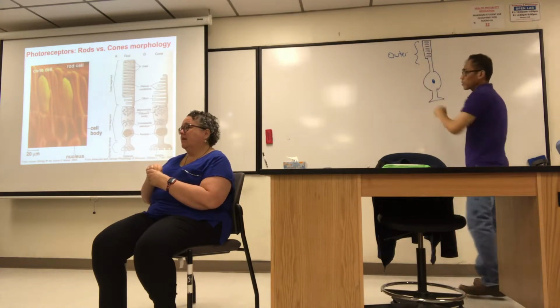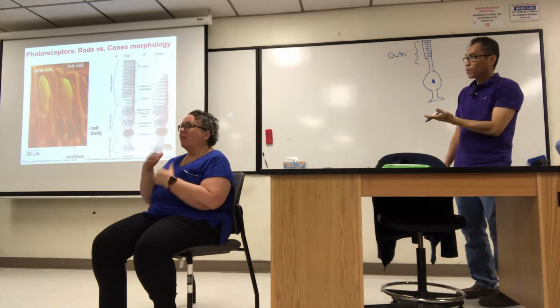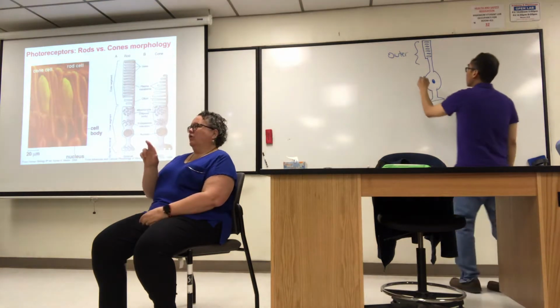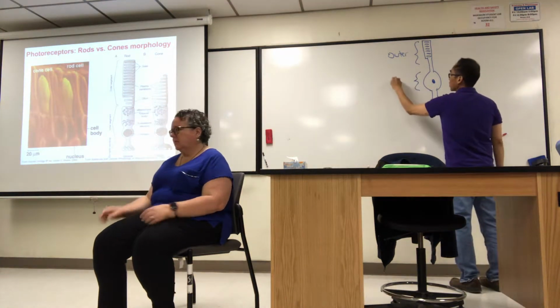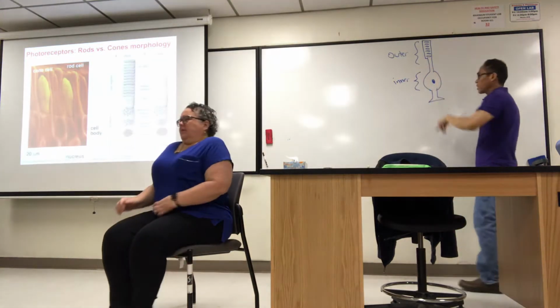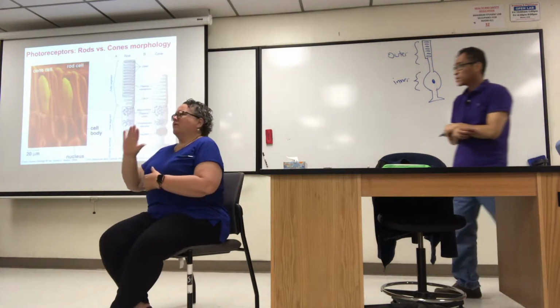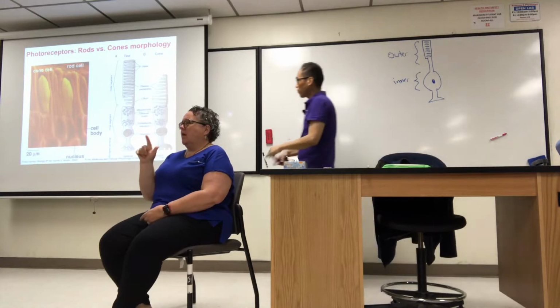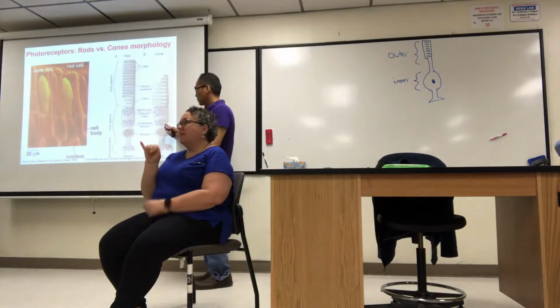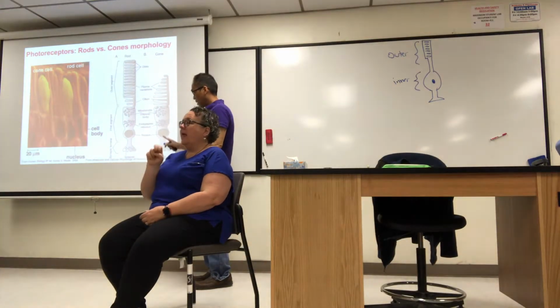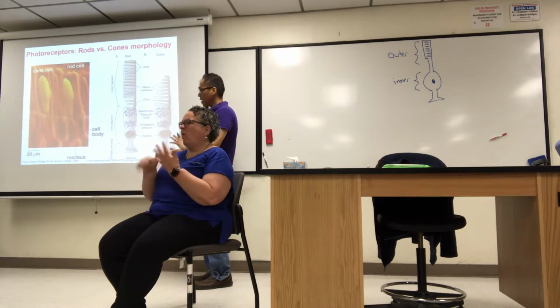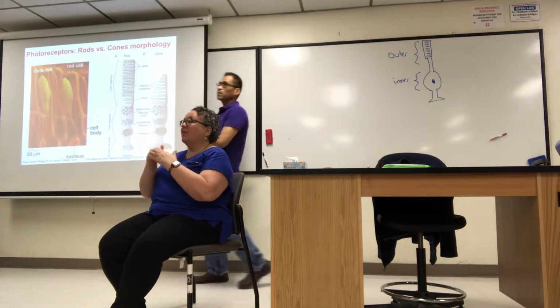Then there's just a regular cell body, they call it the inner segment. You've got your regular cell organelles in there: nucleus, mitochondria, some other bodies, endoplasmic reticulum, all that stuff. Anyways, signal transmission here, synaptic terminal. You have to communicate with the next cell, which is bipolars.